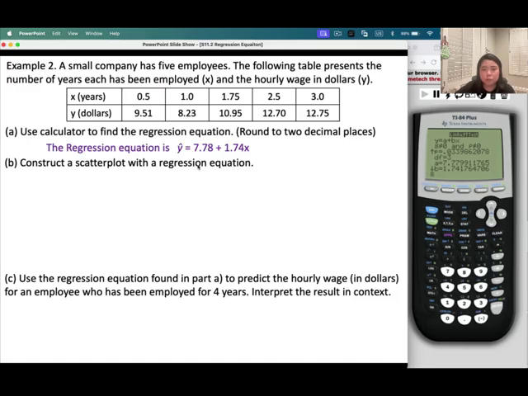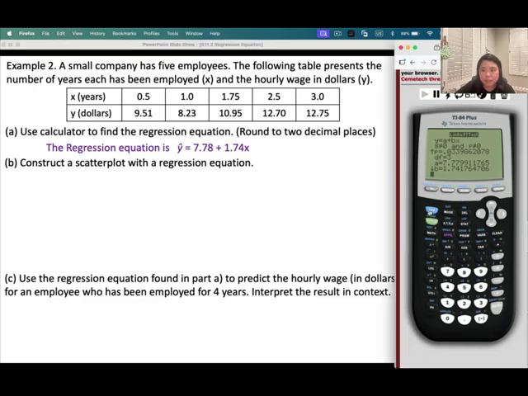Construct a scatter plot with the regression equation. So I will strictly copy from my calculator. Do the same thing. Go to second, stat plot, enter for the first one. Turn it on. Choose the first icon. And then go to the mark, click on the zoom, number 9, zoom stat.